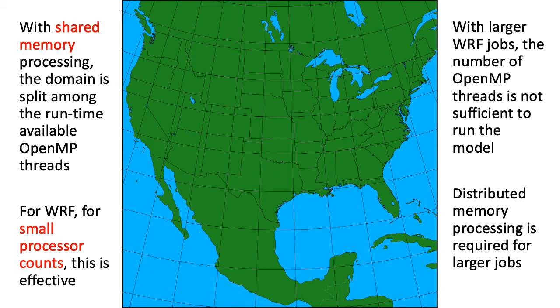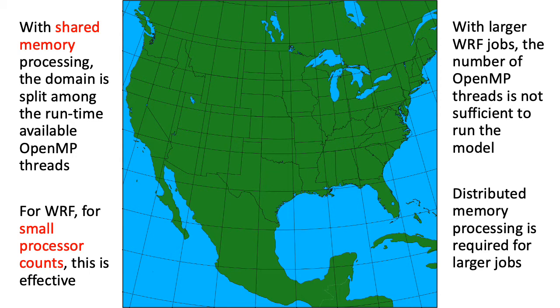For larger WRF jobs, the total number of OpenMP threads is typically not sufficient to run the model. So, for example, on our NCAR supercomputer, we were unable to run that 1500 by 1500 benchmark on a single node. So it couldn't run only with OpenMP.